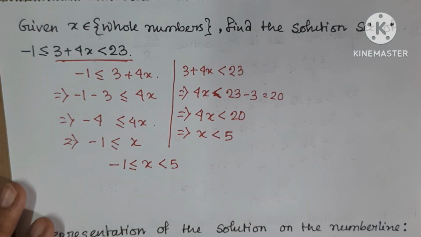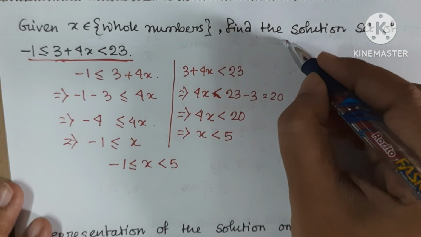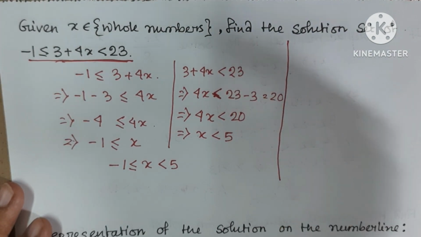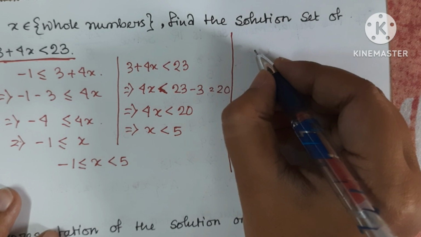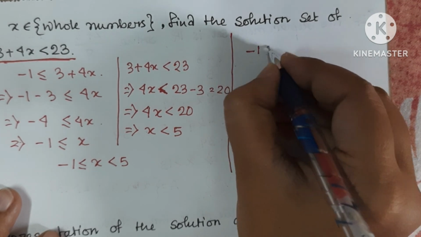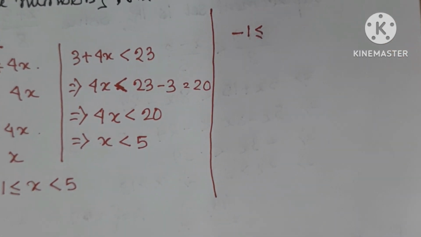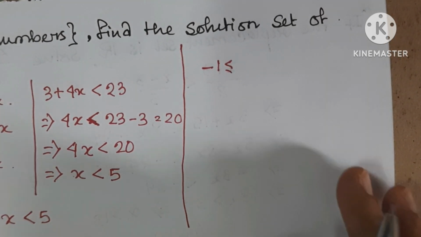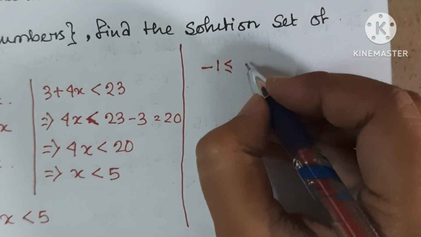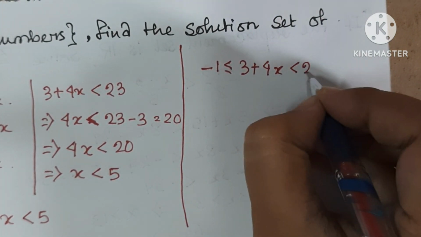And in another process, you can do the entire thing at a time, right? Here I am going to show you in this way. Minus 1 is less than or equal to 3 plus 4x less than 23, right?